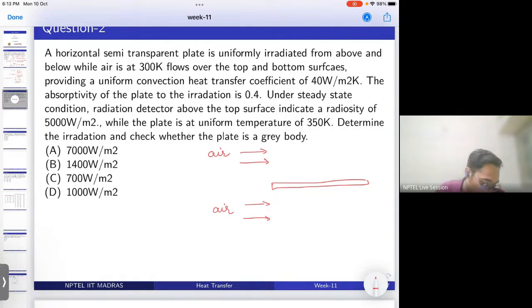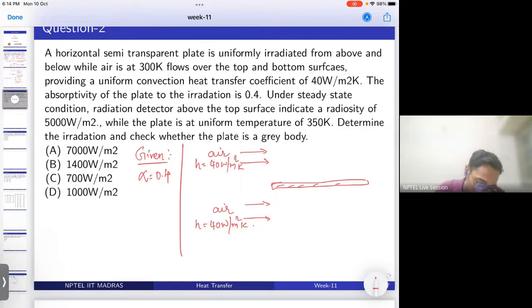Providing a convection coefficient of 40 watts per meter square Kelvin, both. And the absorptivity of the plate to the irradiation, that is alpha, is given as 0.4.